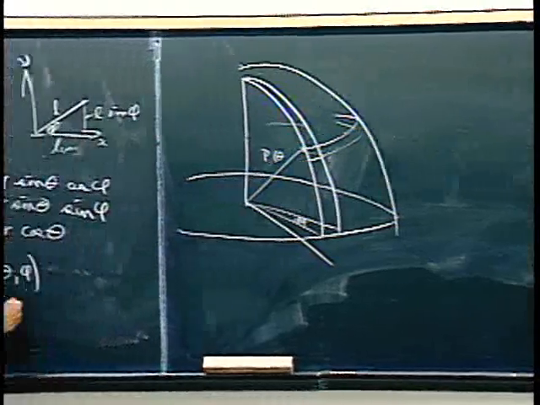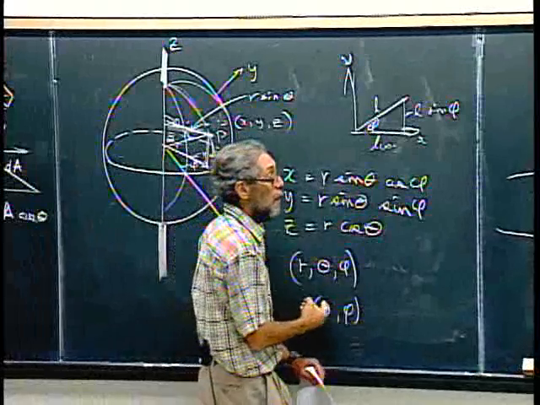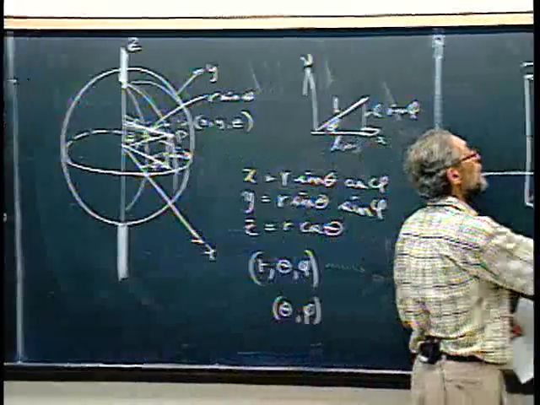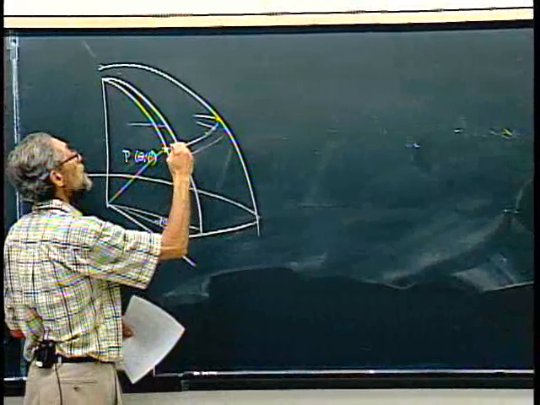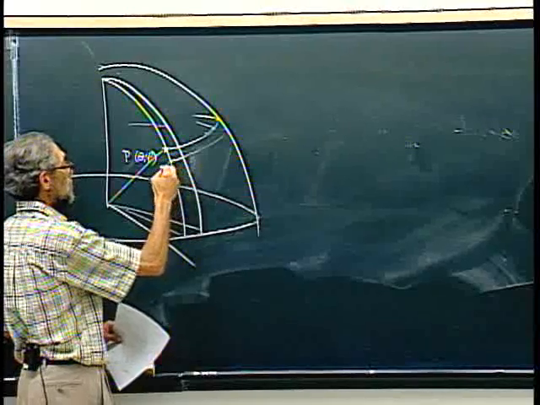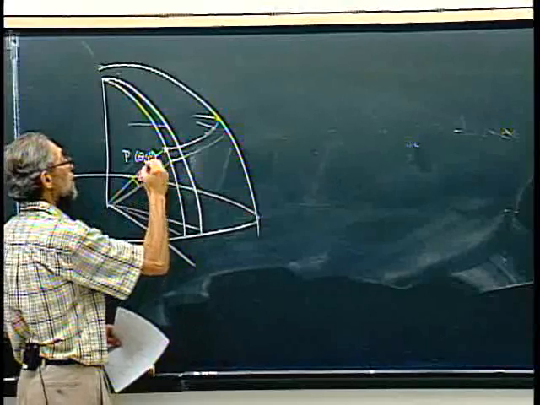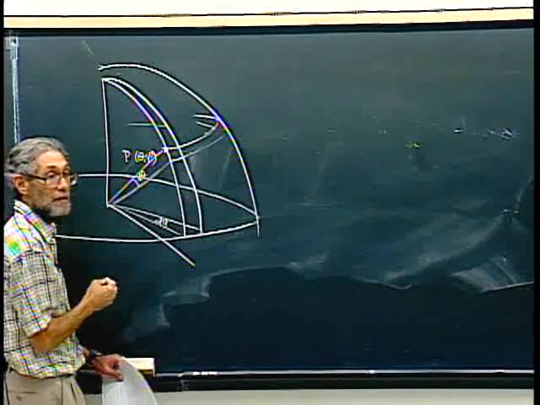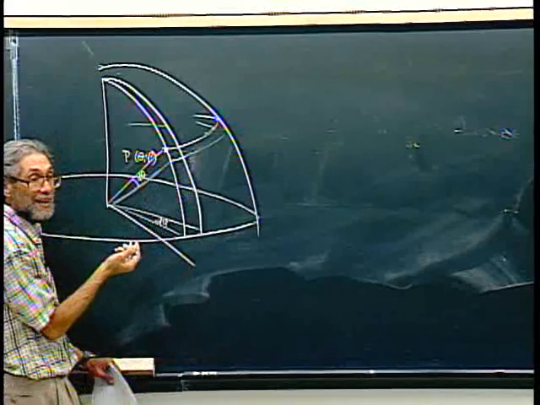And on the unit sphere, they're just theta and phi, because the r is 1. And so here's my point depending on theta and phi. And now I want to let phi increase by d phi, and theta, which is sort of this angle here, be d theta. Right? That's along these longitude lines. So the question is, what's the little area? This is almost like a rectangle.